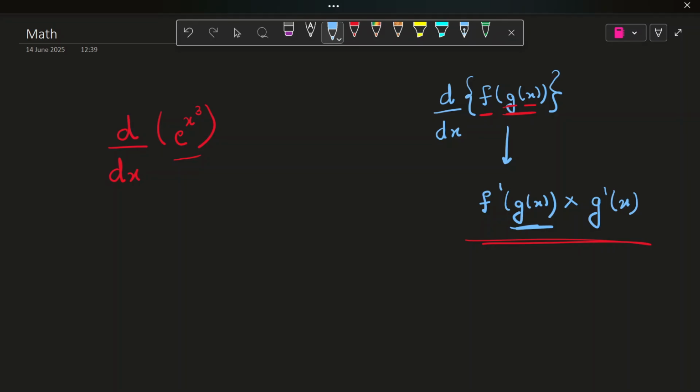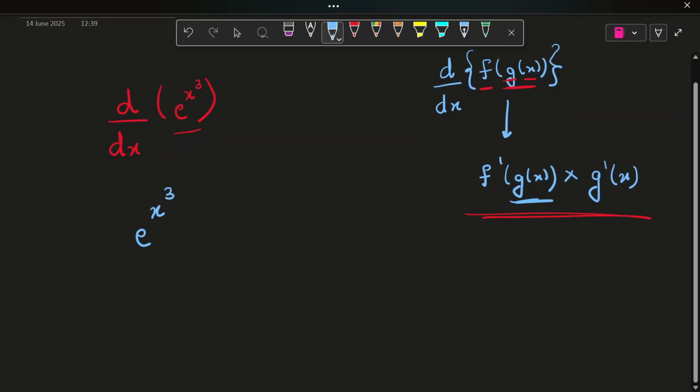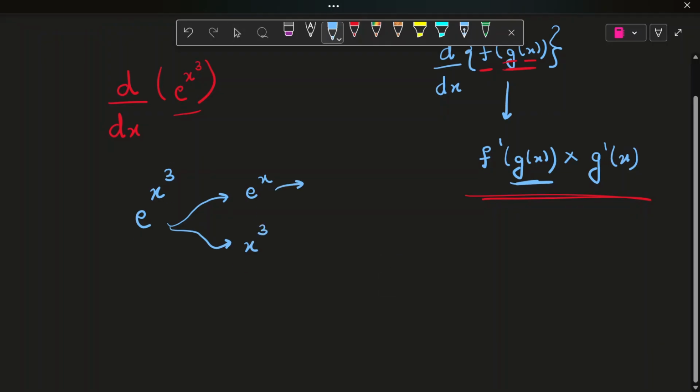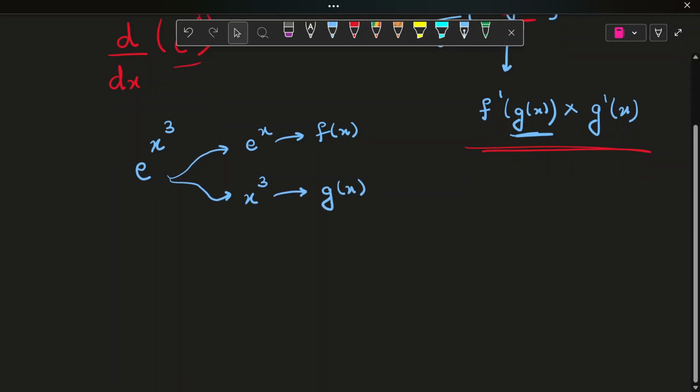So in this case, we have e to the power of x cube. Now, if we break this function in two parts, such as e to the power x and x cube, let's assume this function as f of x, and this function as g of x. Now, if we want to write f of g of x, then instead of x in f of x, we have to write g of x.